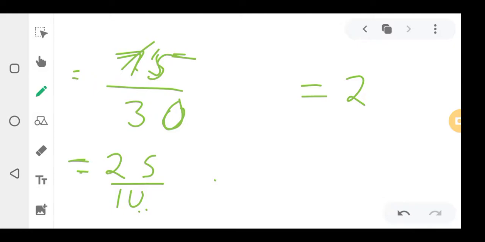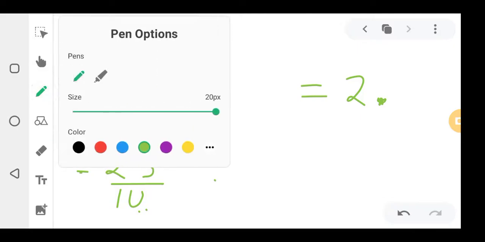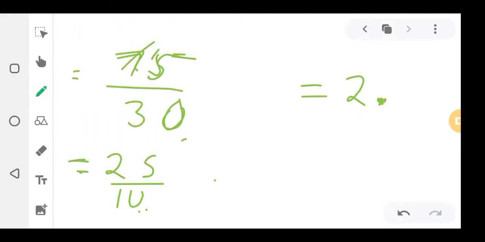Remainder 5. And then you put a point here. And then remainder what? Remainder 5. Because it's 25, so remainder 5. And then you add 0 to 5. 10 into 50, it is 5.